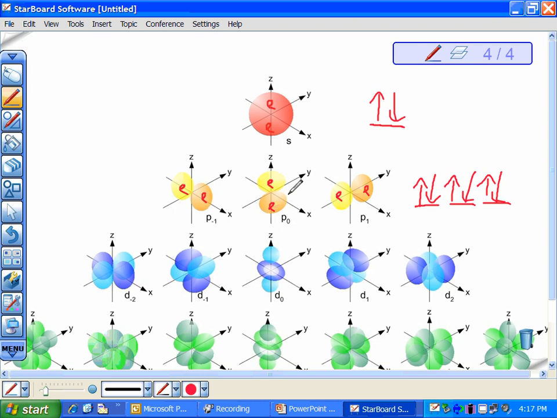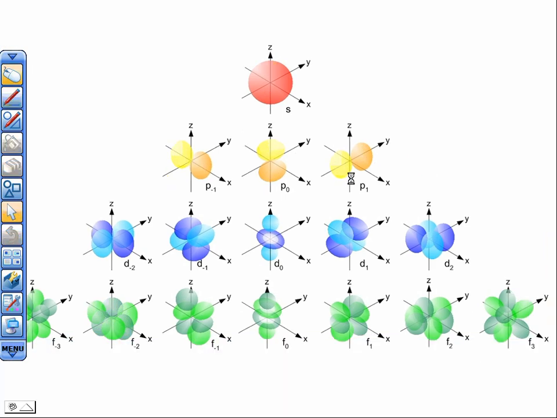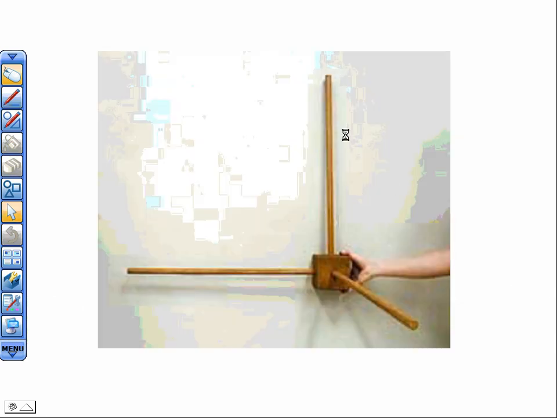So that's why you actually see X, Y, and Z there. This is just illustrating: there's the Y-axis, there's the X-axis, and here's the 3rd dimension axis, Z, coming out at you. So that's why we have 3 different shapes. There's 3 different ways to align those P orbitals and those D orbitals and those F orbitals.